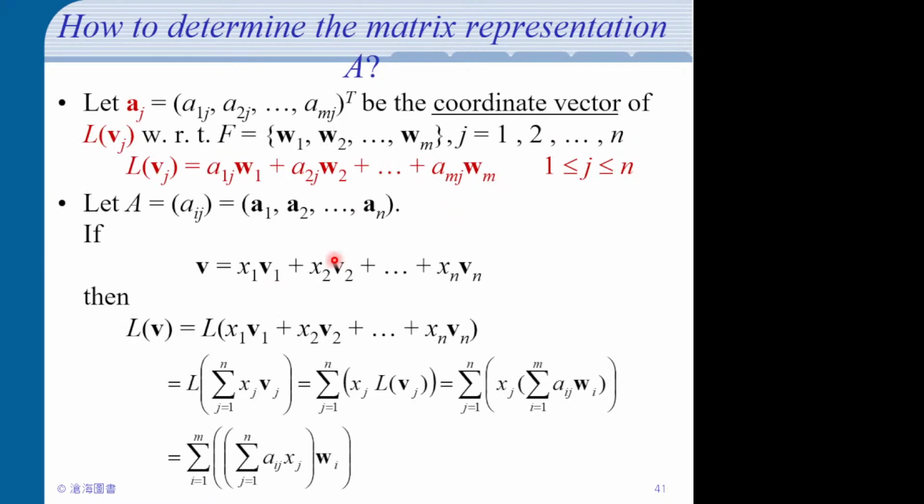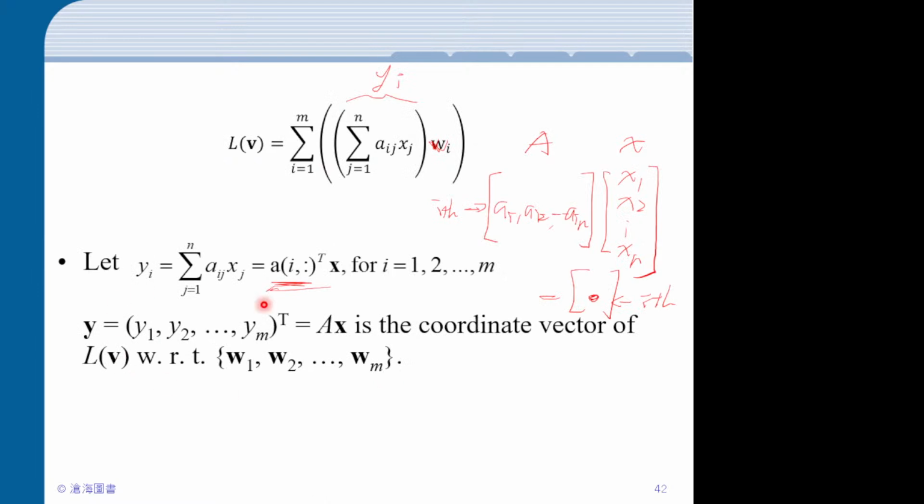Then you list them together, and because you know the linear transformation of the basis, you also know the linear transformation of everything else, because everything else is a linear combination of your basis. And so when you apply the linear transformation, it's just a linear combination of the linear transformations of the basis. Okay. And then you group things together, and you see your y equals Ax is satisfied.